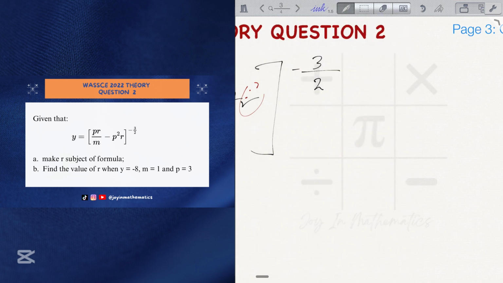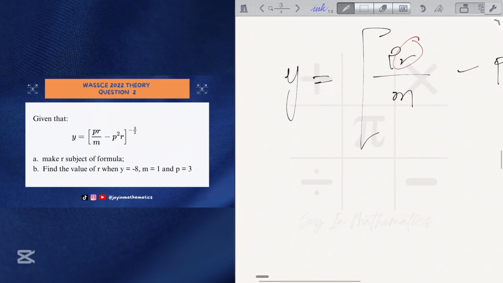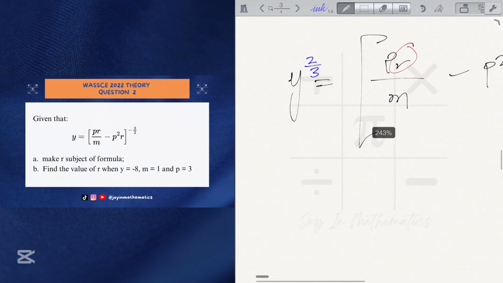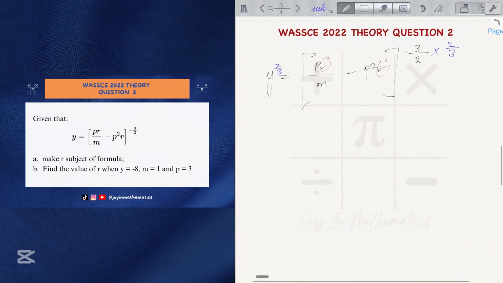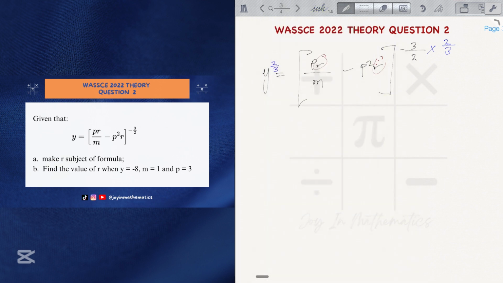For us to eliminate this, we raise both sides to the power of 2 over 3. If I raise this to 2 over 3, and I also raise the other side to 2 over 3, remember what you do to the right, you do to the left, and this will nullify each other and be left with minus 1.